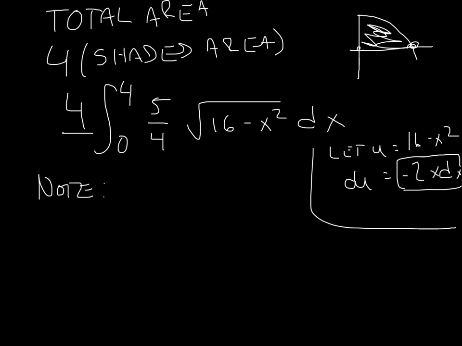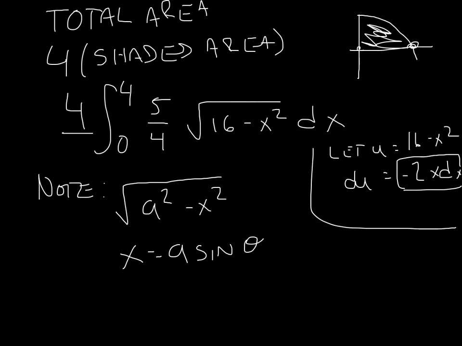We know that when we have the radical of a squared minus x squared, we can substitute it with x equals a sine theta, which, for reference, is also an identity: 1 minus sine squared theta equals cosine squared theta.